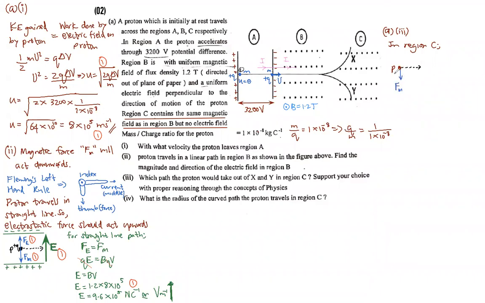It's going to act downwards. So eventually the proton is going to take a path like this. Draw a circular path, because there is a magnetic field.